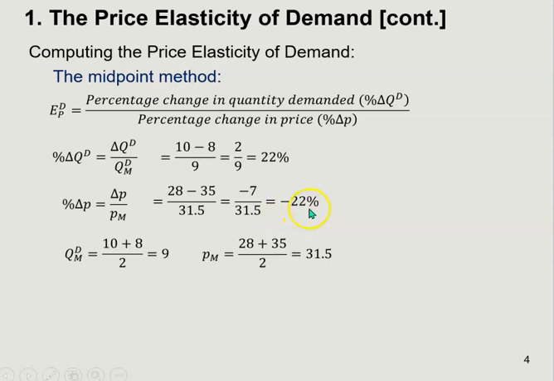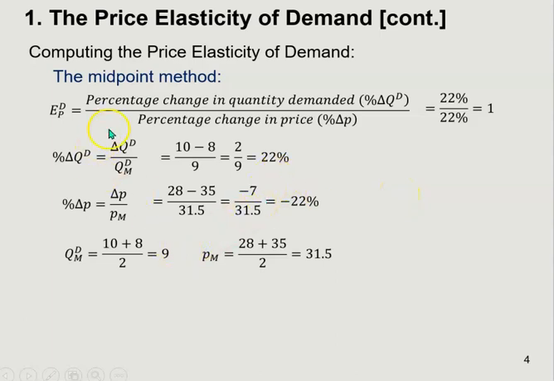So we got negative 22%. The minus here means the price is dropping. Now let's put this back into the formula of elasticity of demand, and we ignore this minus sign. As we said before, we only care about the absolute value. So what we got here is 22% over 22%, so elasticity becomes 1.